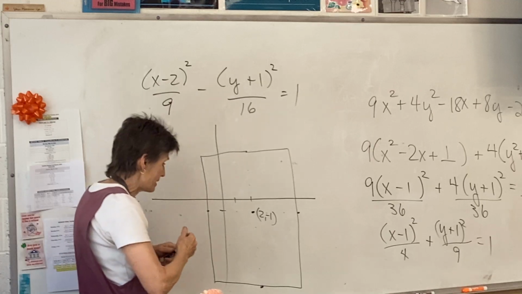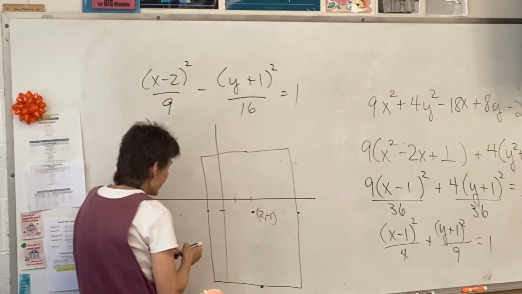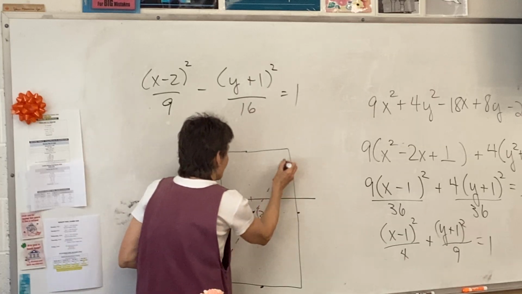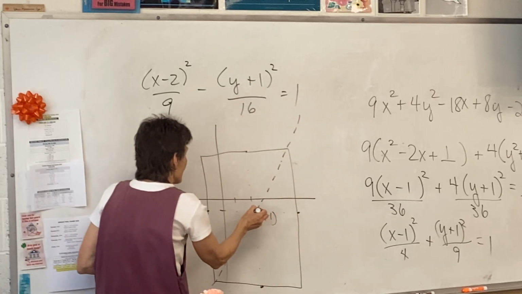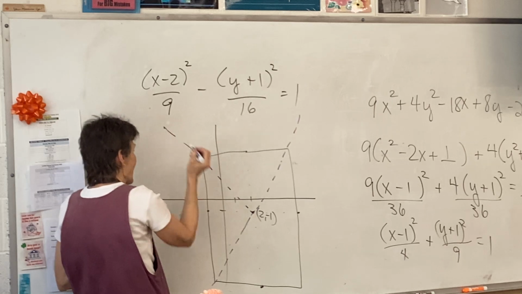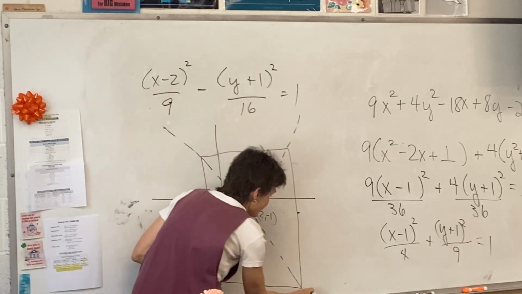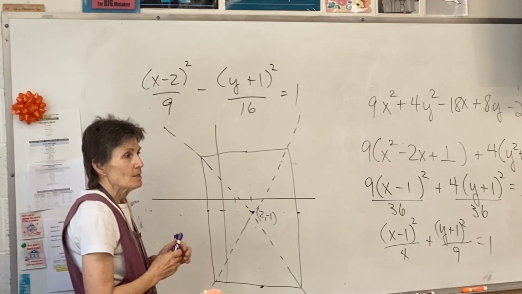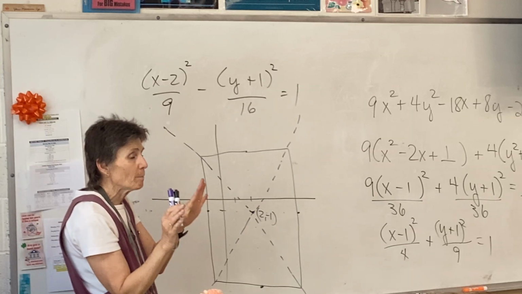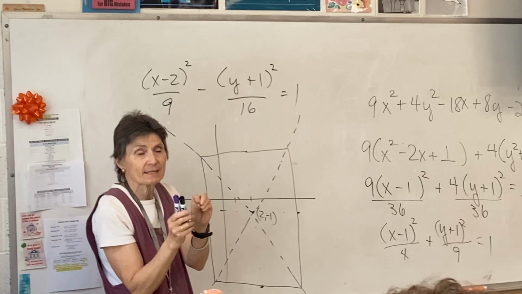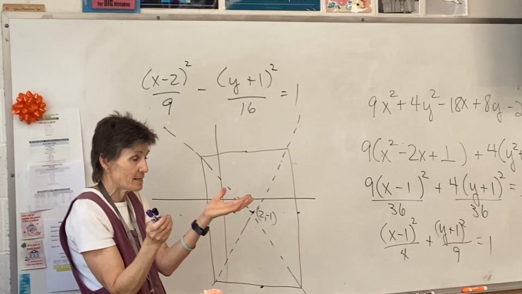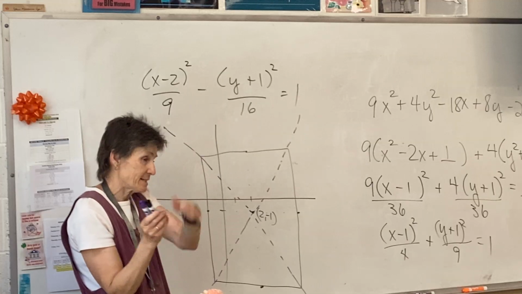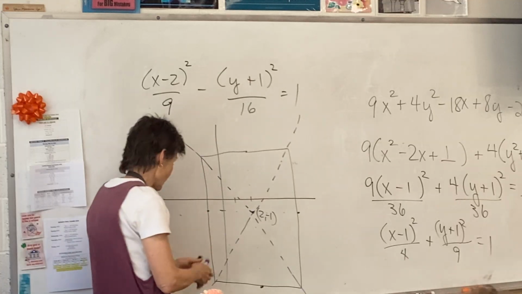And then draw in the diagonals, and these are gonna be asymptotes, so we will draw them with dashed lines. Draw in the diagonals of that rectangle. So we plotted our 4 points just like it had been an ellipse, okay? But then we boxed it and drew in the diagonals.